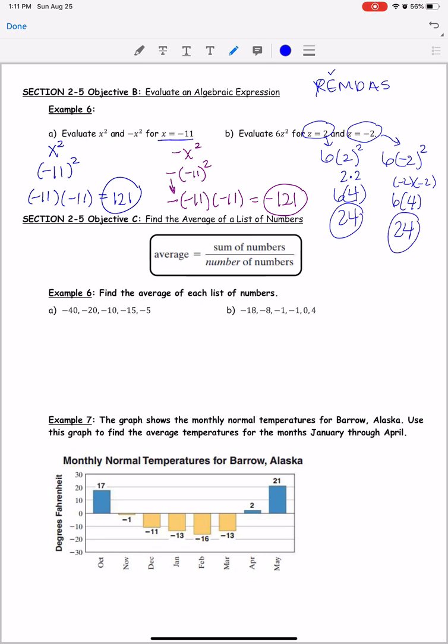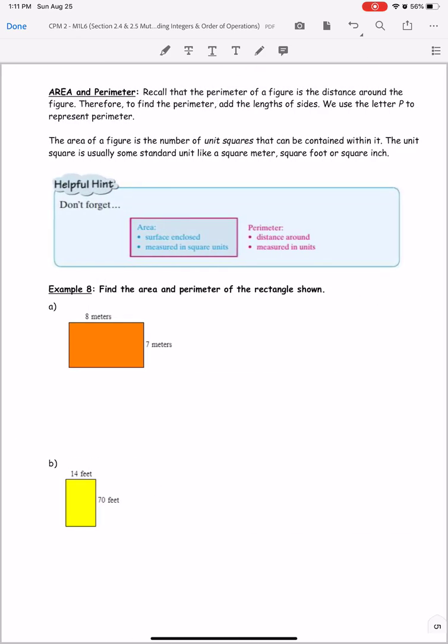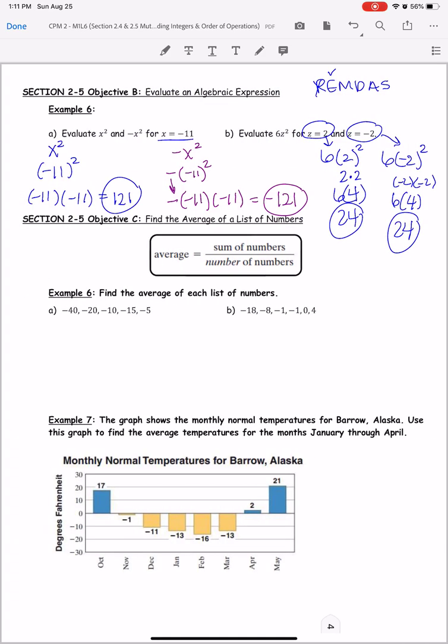All right, and I believe the last thing for this lesson, nope, two more things. We need to find the average of numbers, and then we need to find area and perimeter. So first, we're going to find the average of a list of numbers. My formula for average is the sum of the numbers on the top divided by the number of numbers that we have.